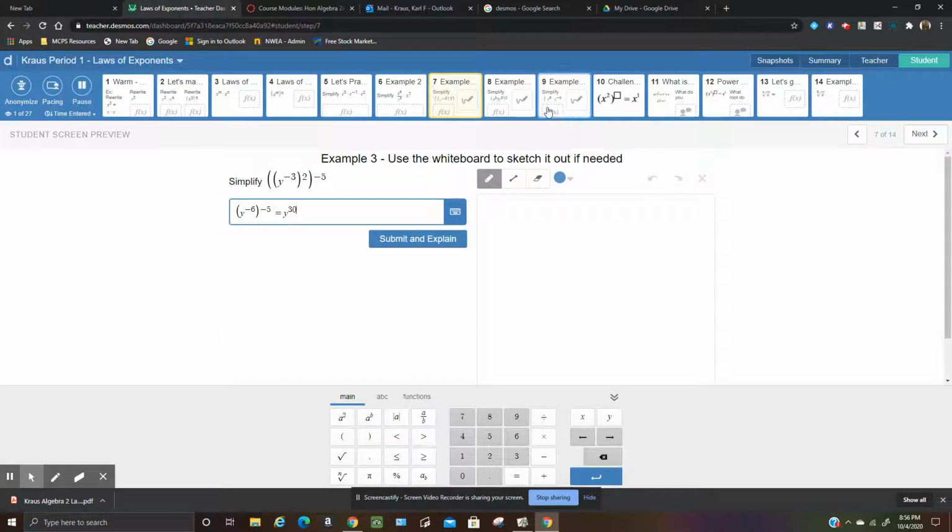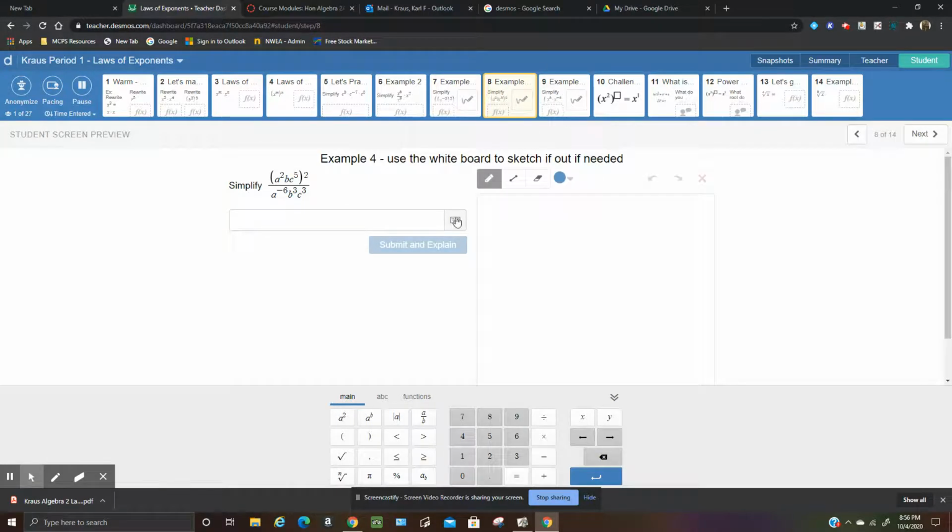All right, and the next one, do the numerator, and then we'll take care of what's in the denominator.